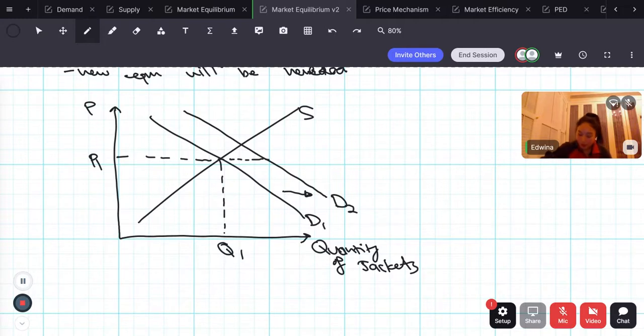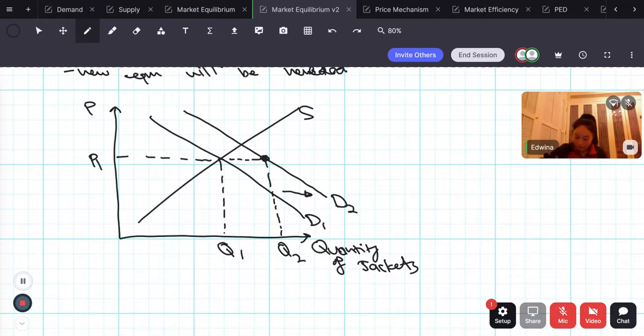And then temporarily, price will remain at P1 before the market can respond, because there is a time delay between increased demand and price changes, because the market needs time to respond. There's a time lag. And so here, it will temporarily be at Q2. Now, Q2 is where quantity demanded is when demand increases.